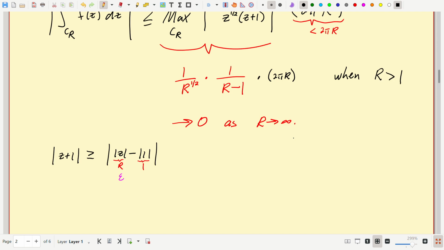So on the outer circle, using the denominator estimate, the modulus of z plus 1 would be greater than or equal to the absolute value of the modulus of z minus the modulus of 1. On the outer circle, that would be equal to r minus 1 when r is bigger than 1. But on the inner circle, when the epsilon is small, that thing would be 1 minus epsilon.